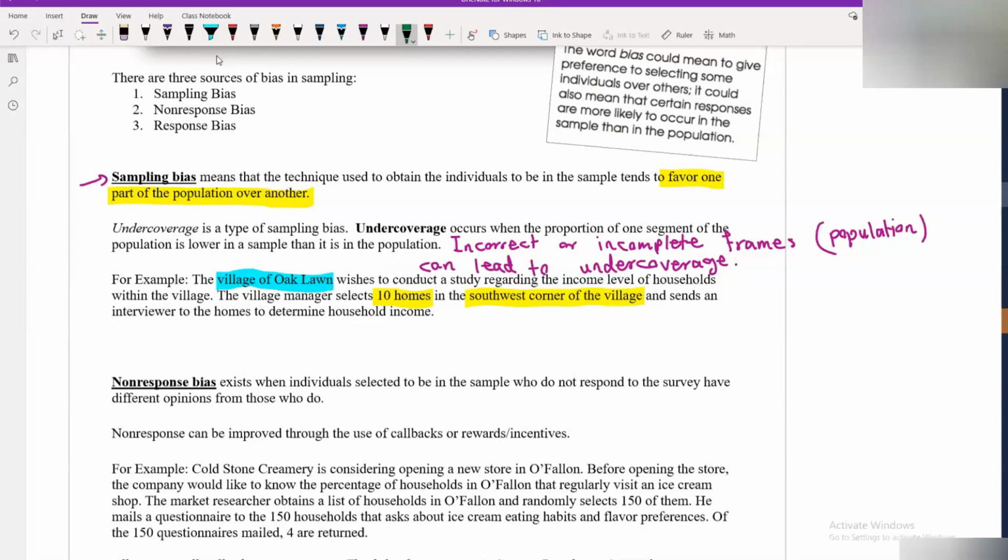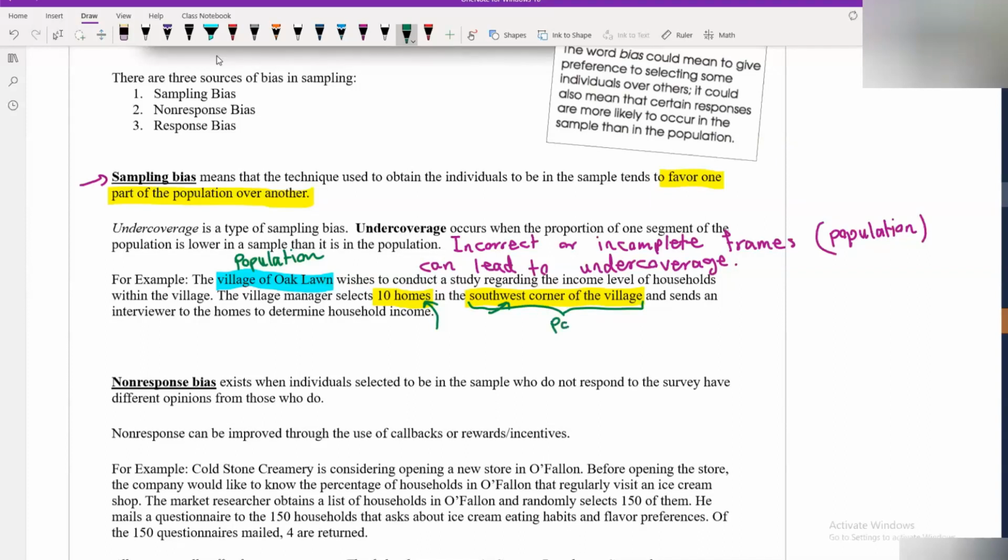But here, when we're selecting the sample, they work based on what they had in southwest corner of village, and that's it, and ignored all other individuals in that population. So this is our population. And they have to select this 10 homes from all parts, not only focus on one part of population.